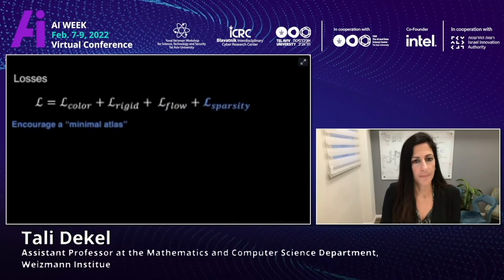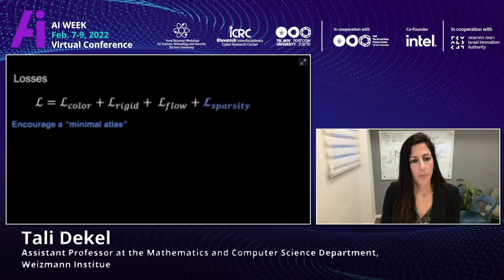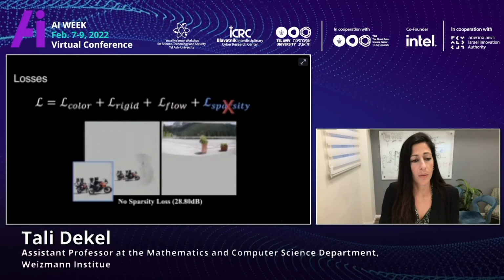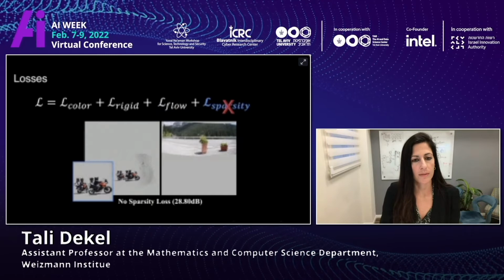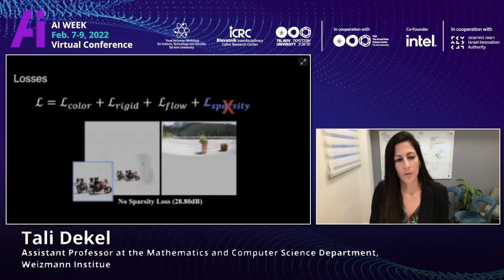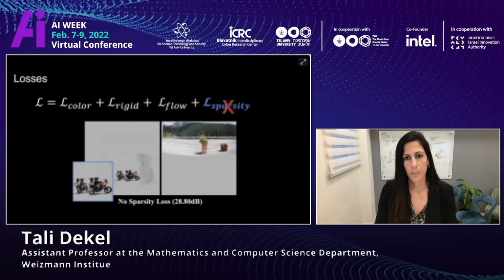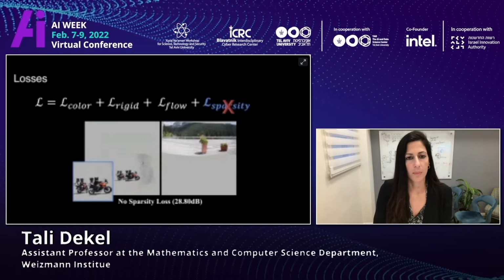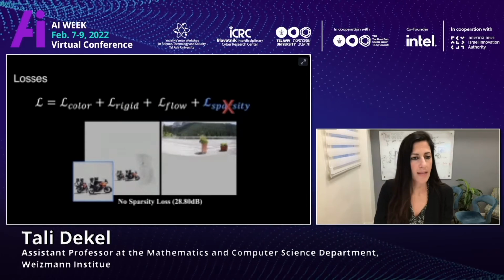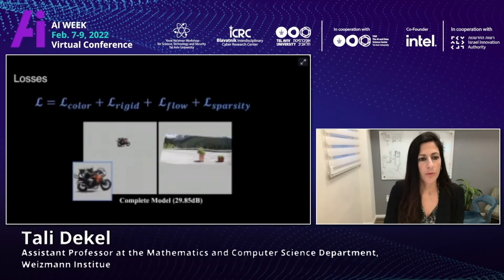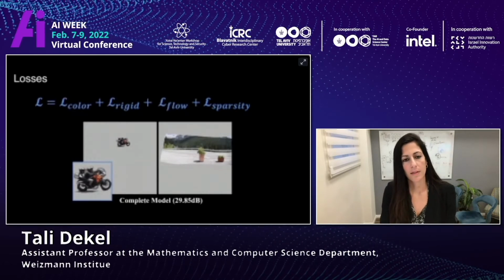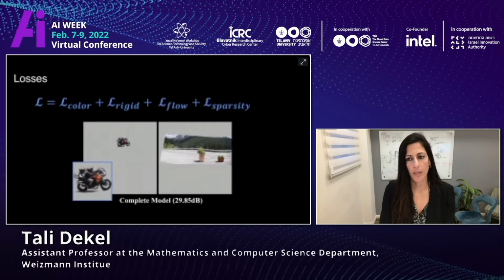You can see that without this loss here, we get two instances of the motorbike before and after the occlusions. And this, again, will be hard to edit because we'll have to consistently edit both duplications of this motorbike to get a consistent result. So the sparsity loss prevents that. And with our full objective, we get clean, minimal atlases that preserve the original structure and that we can use for editing.